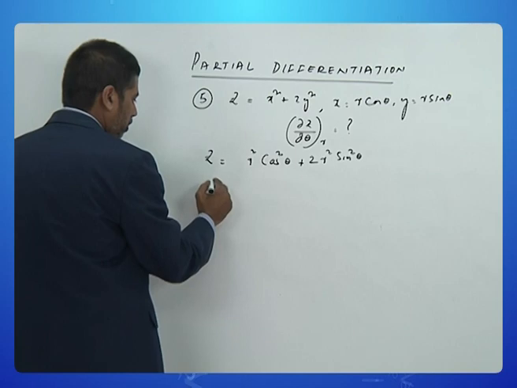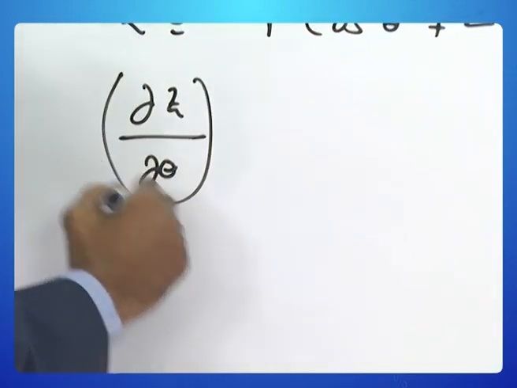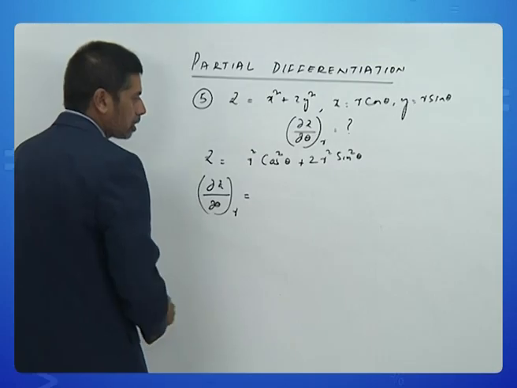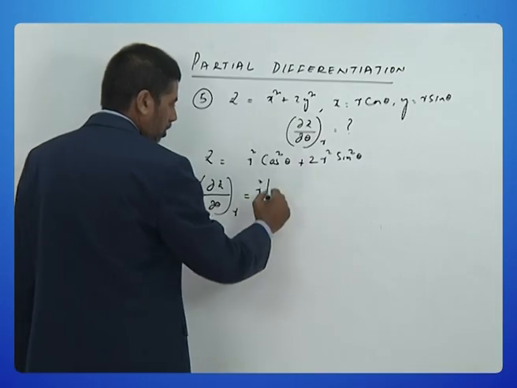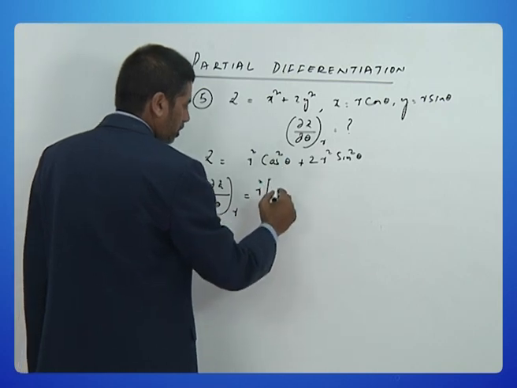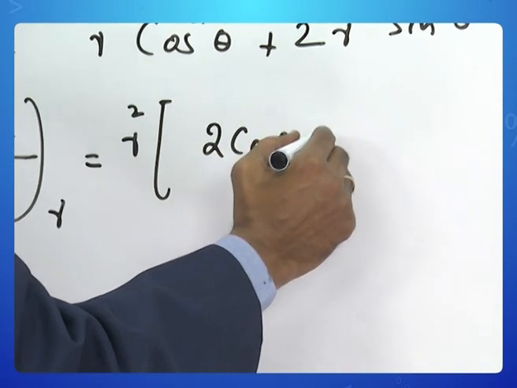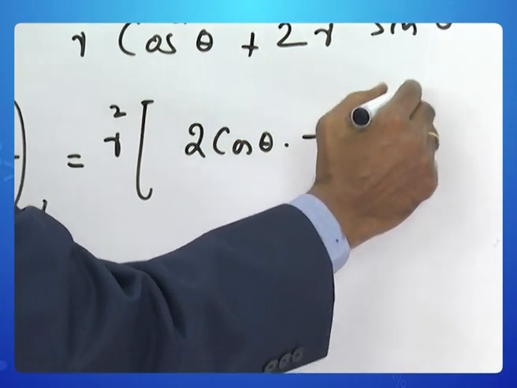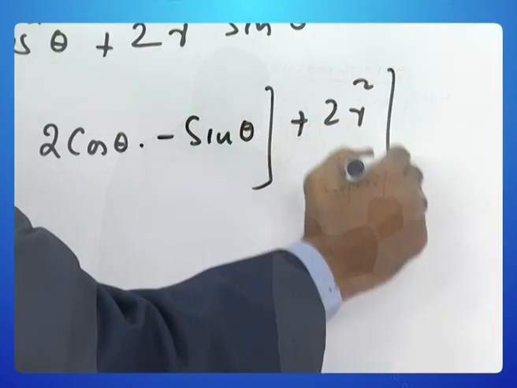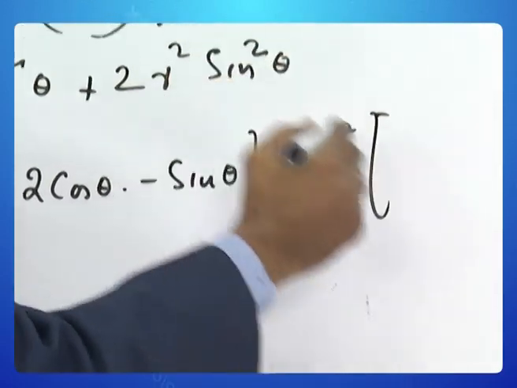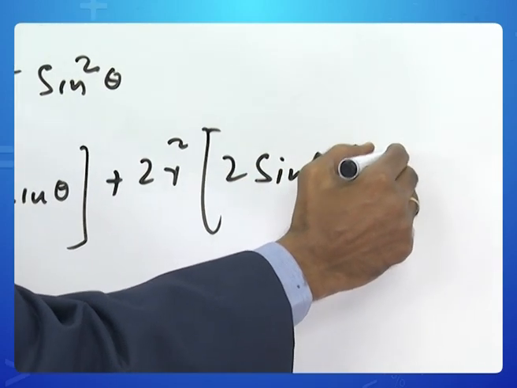So now let us find out dou z by dou theta with r as constant. So r square into, we differentiate cos square theta. This is 2 cos theta into minus sin theta plus 2r square into, differentiate sin square theta, you get 2 sin theta into cos theta.